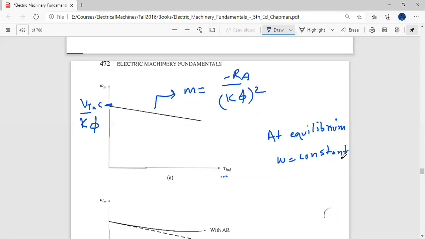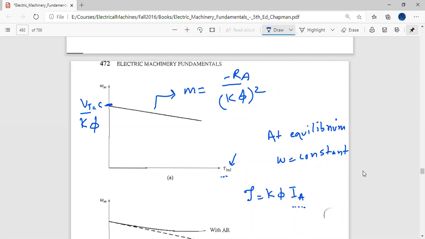So now what you are seeing here is, as the load on the machine is increased, the torque induced on the machine would also increase, because torque is a function of K, phi, and Ia. Why would it increase? Because if you increase the mechanical load on the machine, then the machine draws more current.